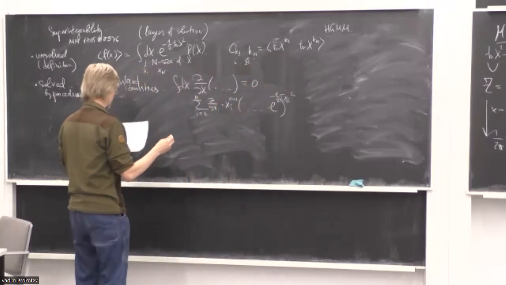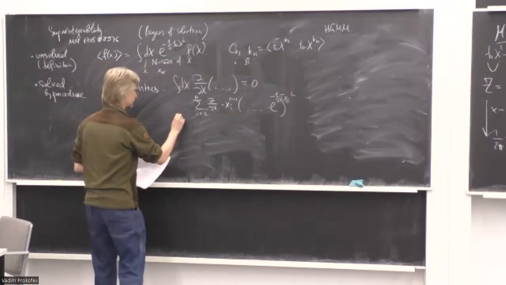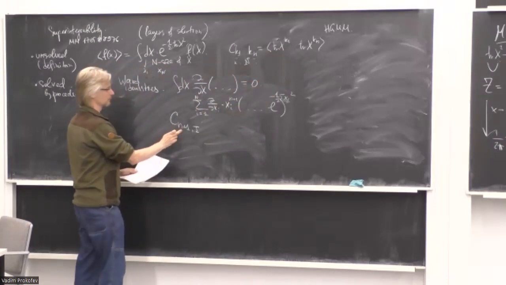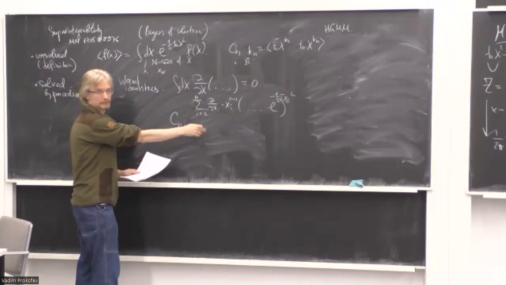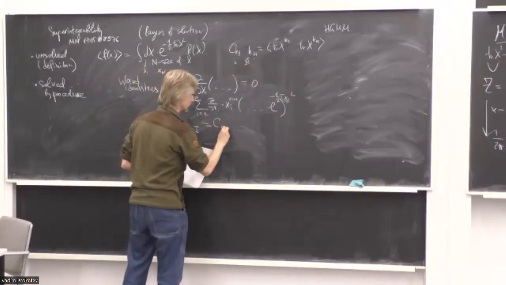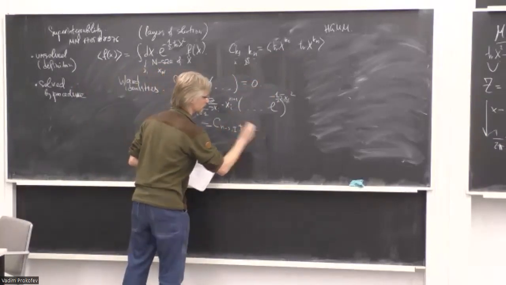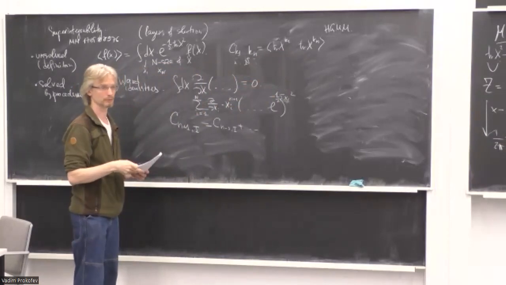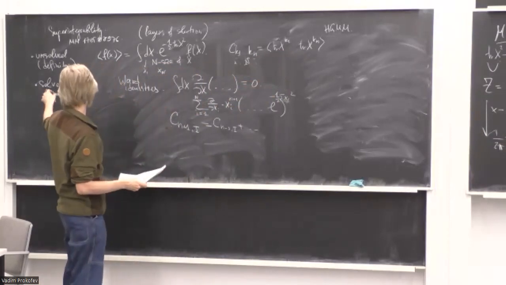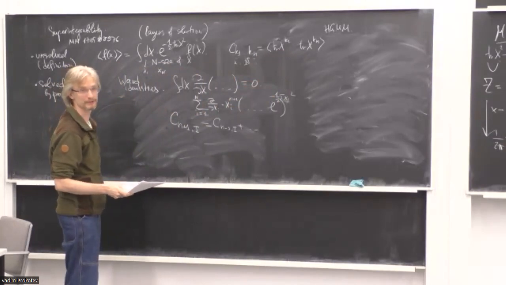So the result is that for any correlator, I can write that C of n plus 1 and a multi-index is equal to C of n minus 1 and i plus some extra terms, which I do not want to write in detail. And so what I mean then is that the matrix model is solved by a procedure.